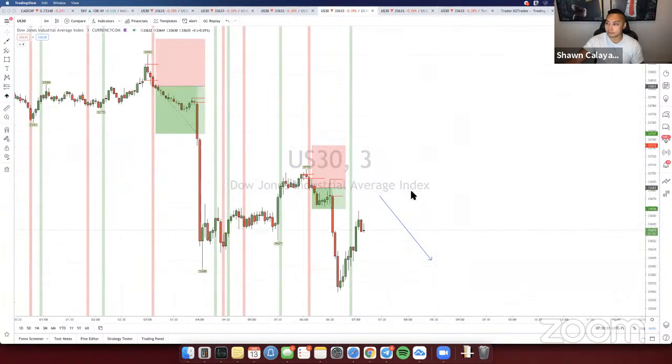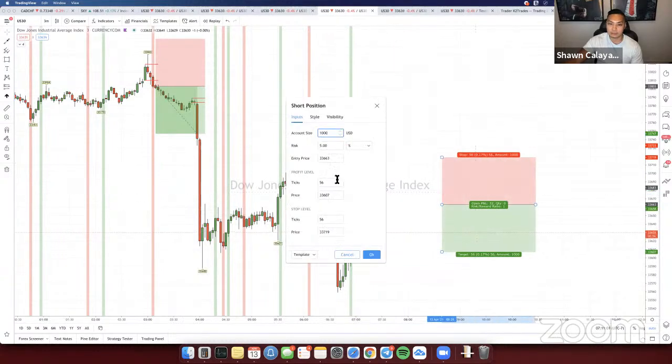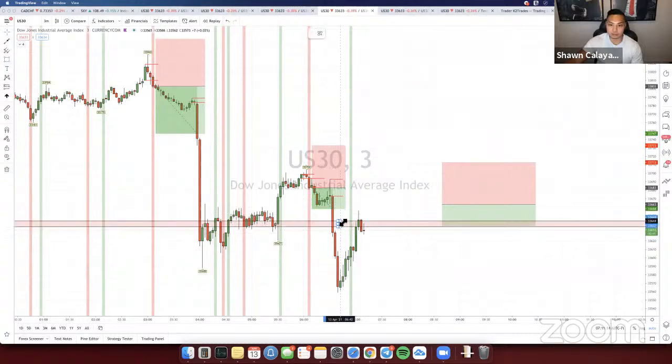All right, we have pending sell here. I'm going to have my sell ready for this over here. This is going to be a risky trade if it does appear. The reason it's risky is because we don't have confirmation yet of the new order block right here. But I think this is probably going to be an order block right here. Yeah, I could see this being an order block.